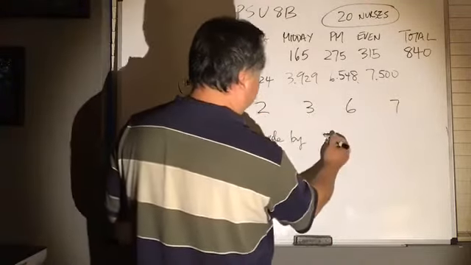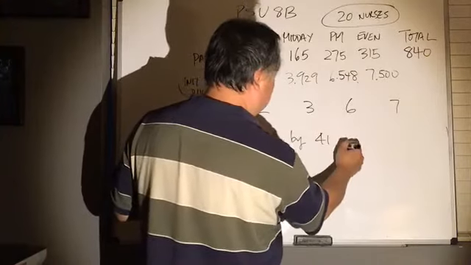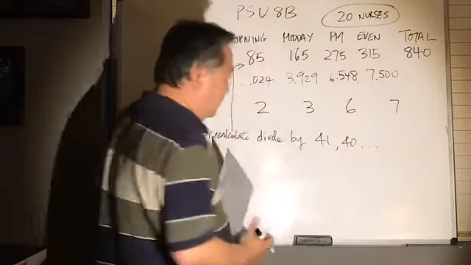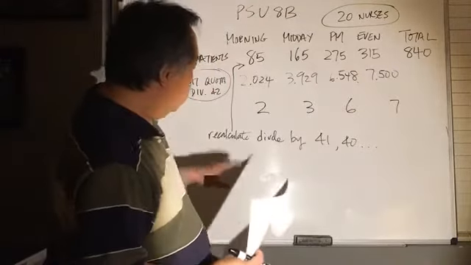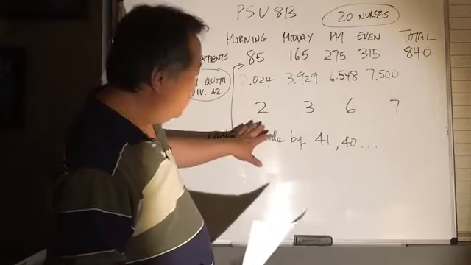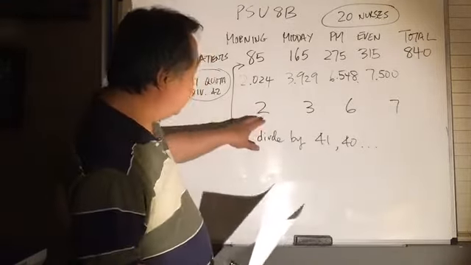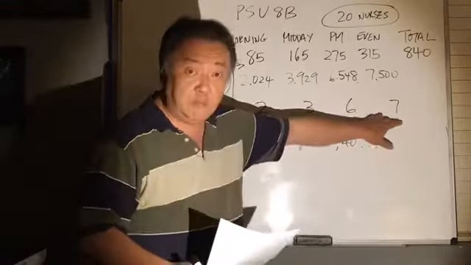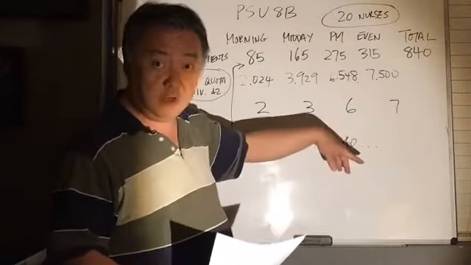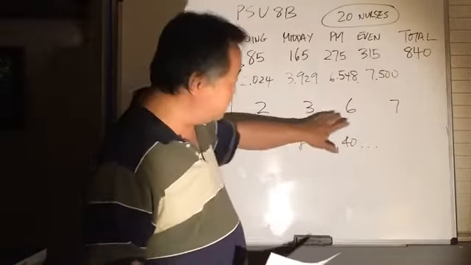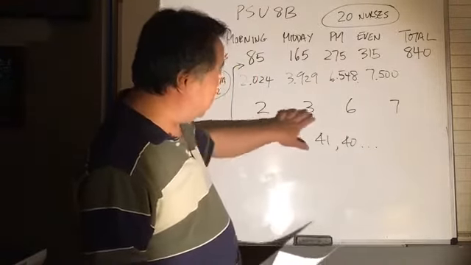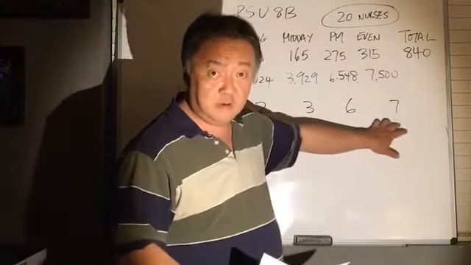So 42, we're going to divide by 41, 40, all right, until you use up 20 people. Because you're going to divide by these numbers and you're going to drop the decimals, but you're going to get bigger numbers.